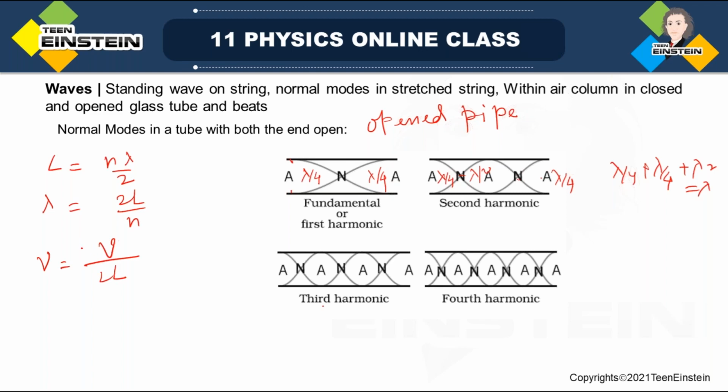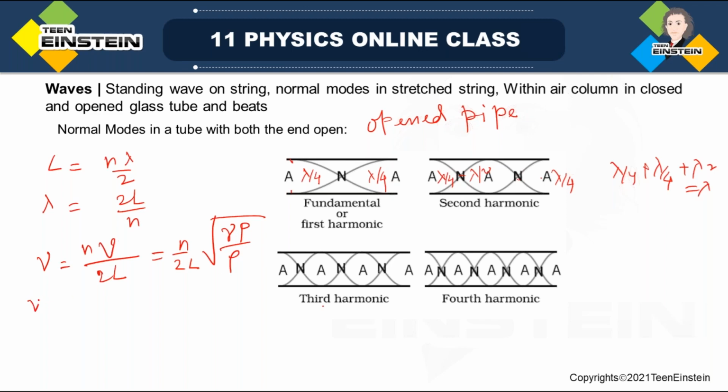Lambda is 2L by n, so n goes up in the numerator. Within the air column, the speed can be written as root over gamma p by rho. I have explained what rho is: rho is the density of the air column, p is the pressure, and gamma is the ratio of the molar specific heat at constant pressure to that at constant volume.